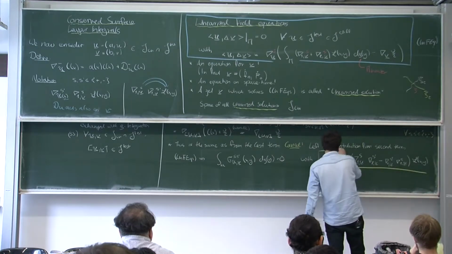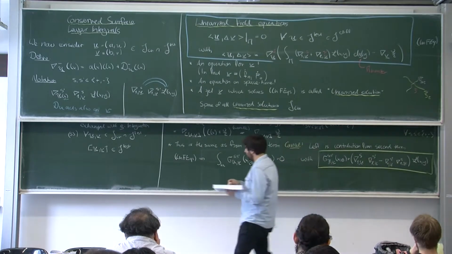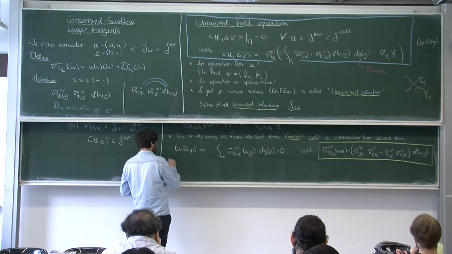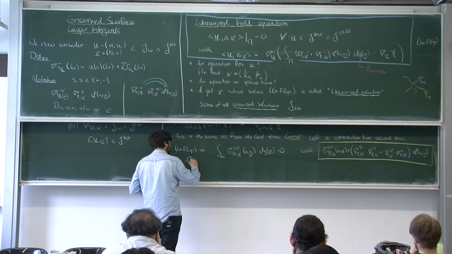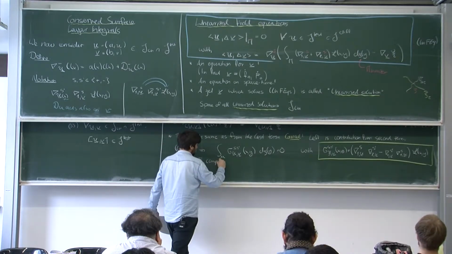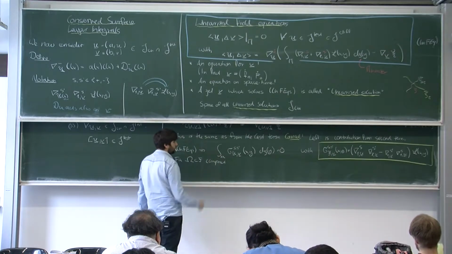Now we just have to do two more steps, and then we'll see what we have found. So just fix any subset of f which is compact. We'll call it omega, and then we integrate this quantity.